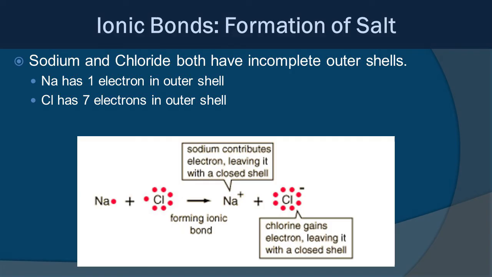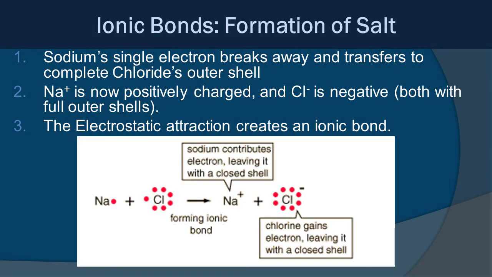Chlorine can actually have up to 8 electrons in its outer shell, so can sodium. So it's easier for sodium at this point to get rid of 1 electron than to gain 7. Whereas chlorine, it's easier to gain 1 than get rid of 7. So essentially that makes sodium and chlorine great partners for making this ionic bond.